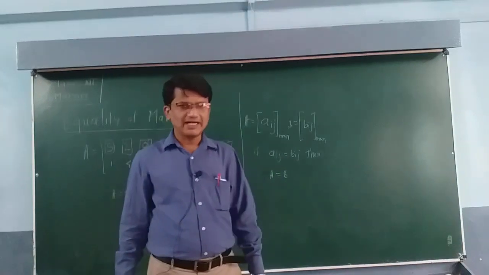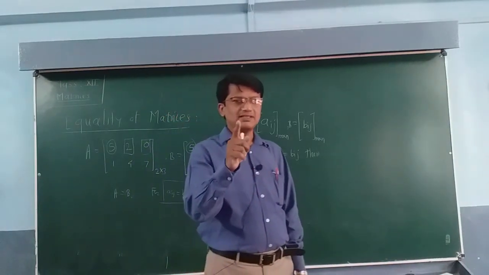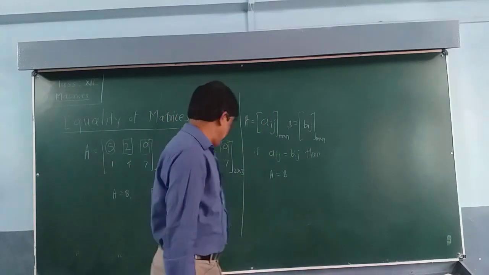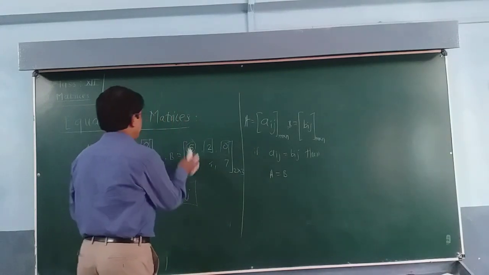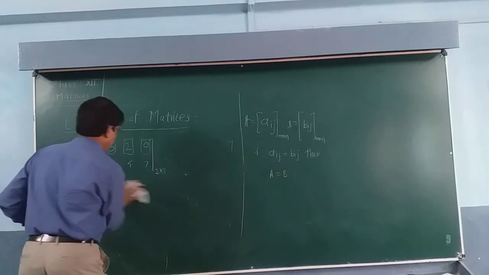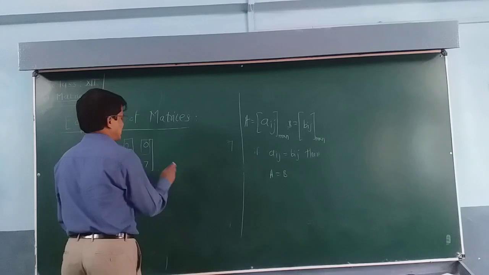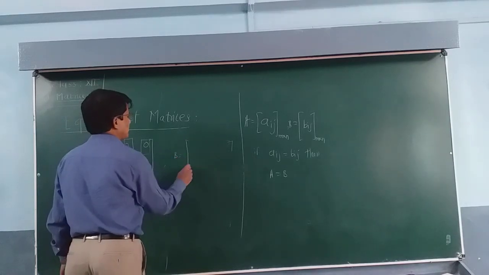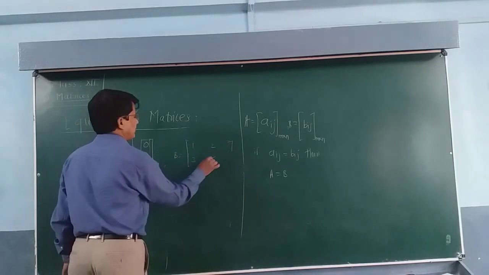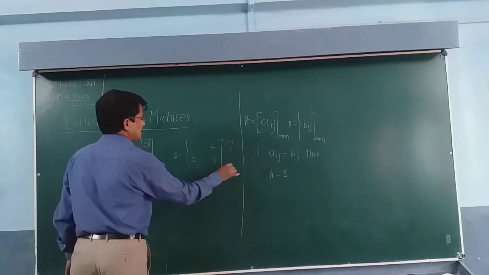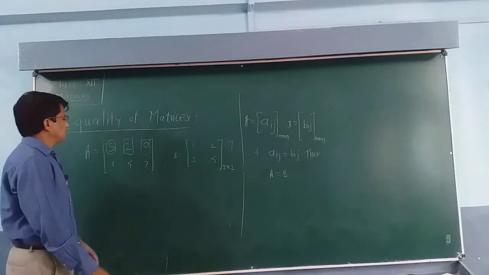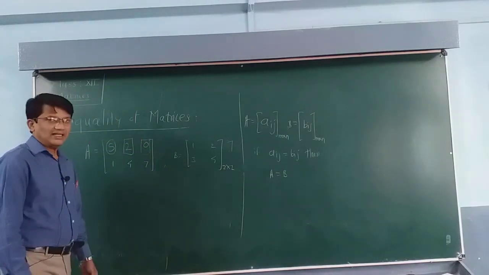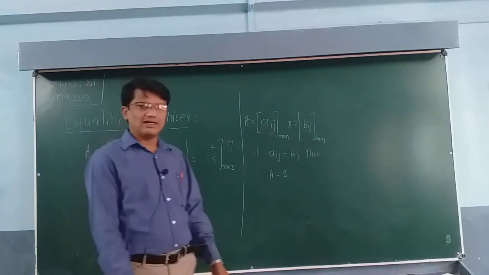Here the most important condition is if the matrix is given of a different order. Suppose instead of this, you take a different matrix B equal to 1, 2, 3, 4. This matrix is of order 2 by 2. Can we say these two matrices are equal?